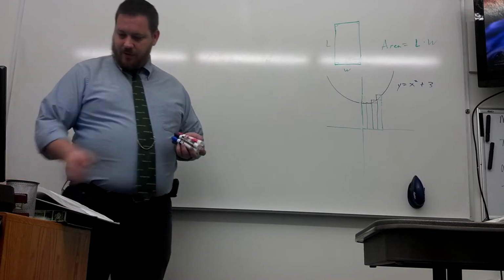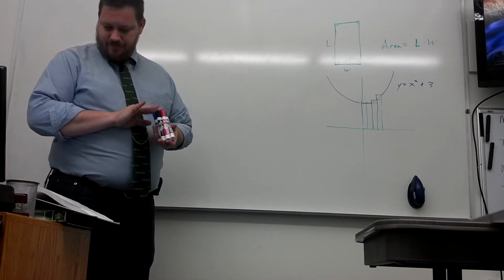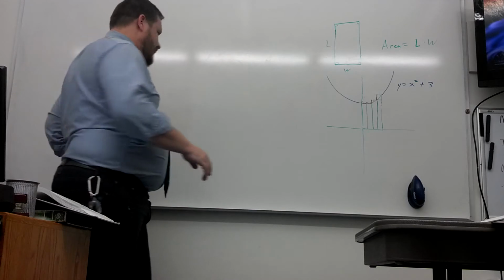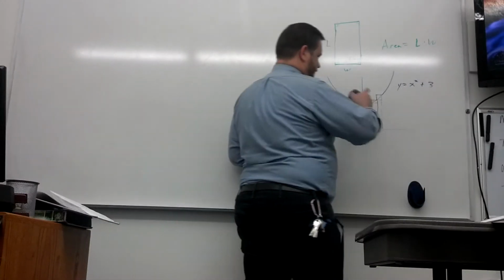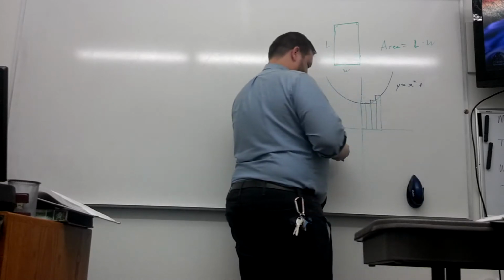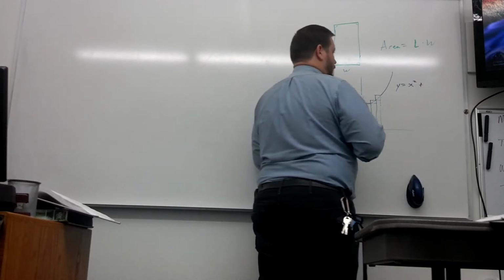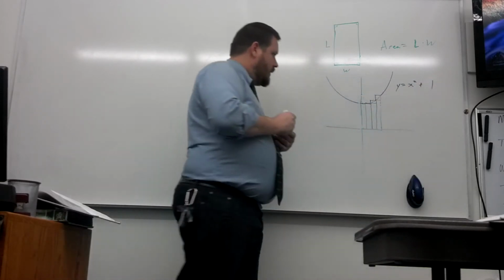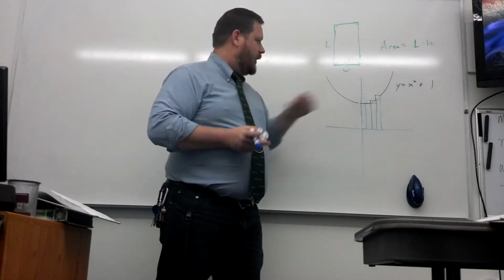All right. So what we're going to do, just so that I'm following the example of the book now. The drawing seems a little skewed, but the drawing in the book is using x squared plus 1. So just pretend that this is only y.